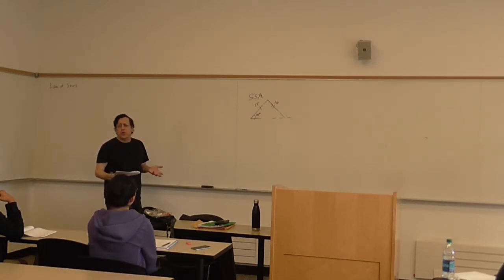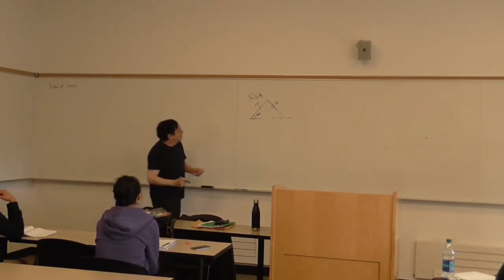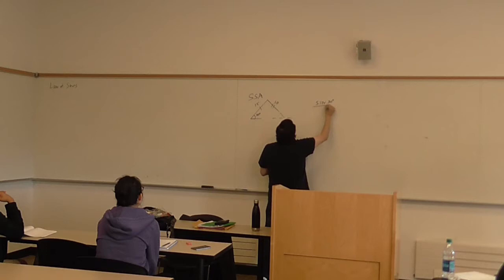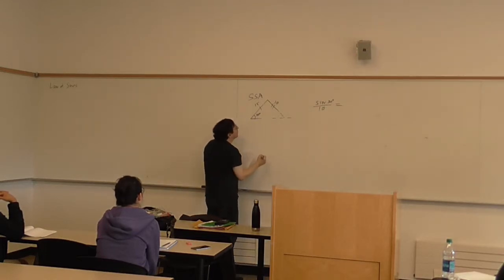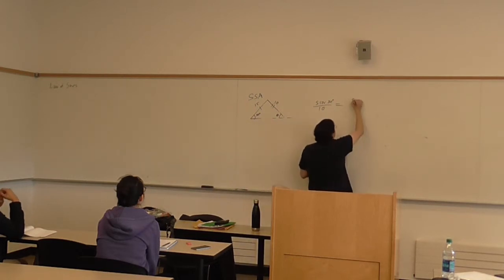Let's try and apply the law of sines here and see what happens. So we know that the sine of 30 degrees over 10 is going to be what? This angle here we'll call theta. It's going to be the sine of theta over 15.